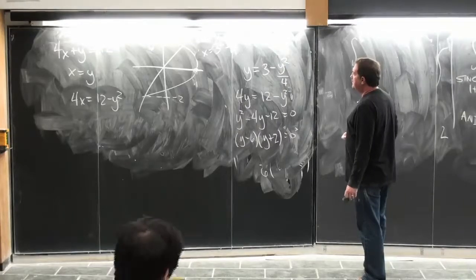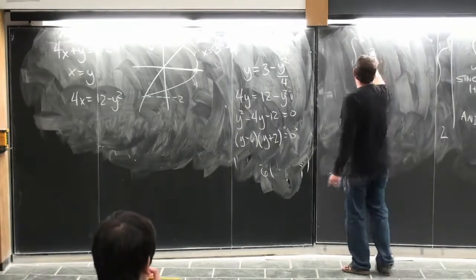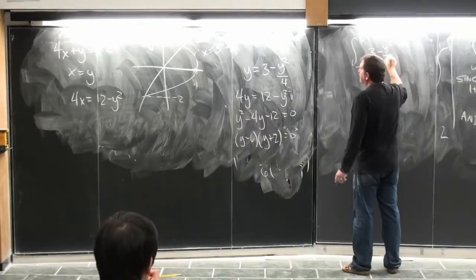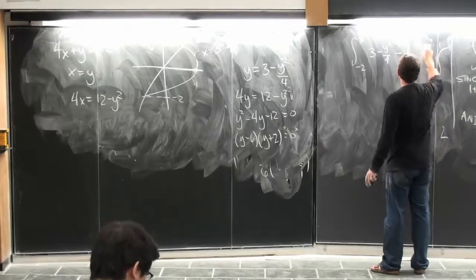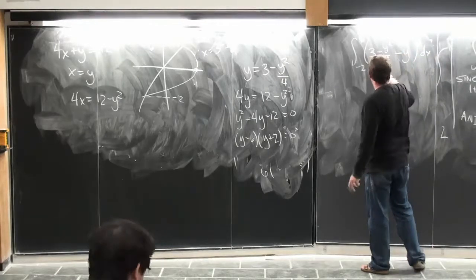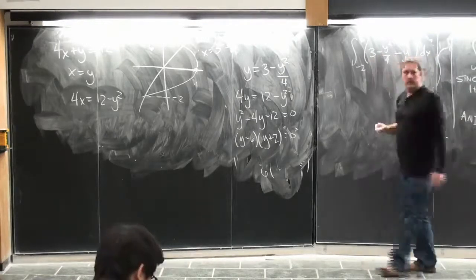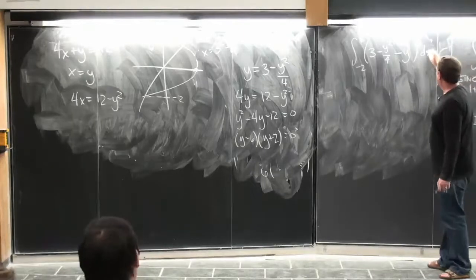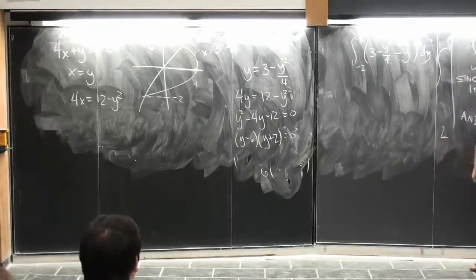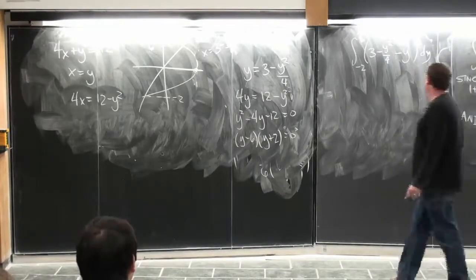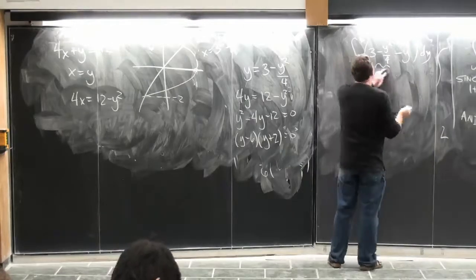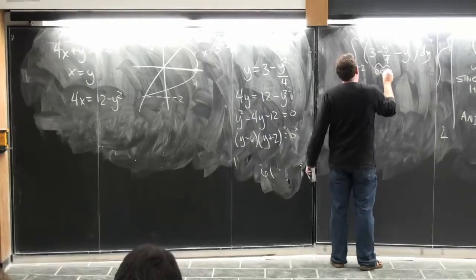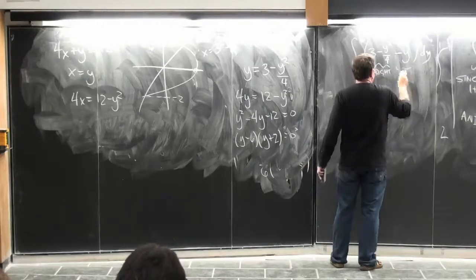The top curve, which is the parabola, 3 minus y squared over 4, minus the bottom curve, dy. I'm sorry, yeah, that's a y. So this is the top, or actually the right, and this is the left.